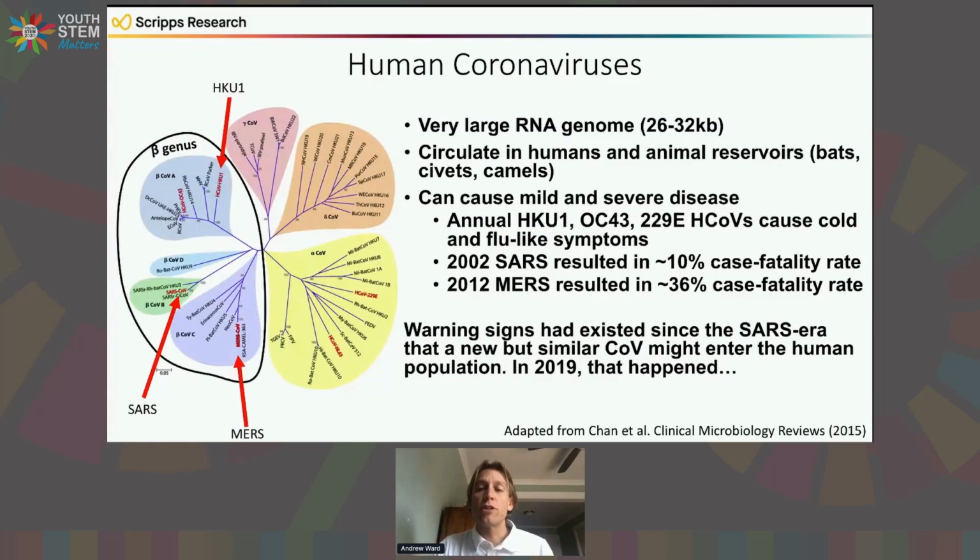So we were interested in coronaviruses because we knew that there were pandemic potential coronaviruses with high lethality, like SARS and MERS, that were coming up about every 10 years. And then there are a group of seasonal coronaviruses, which you've probably never heard of until recently, that cause cold and flu-like symptoms. They're not really problematic unless you're immunocompromised or elderly.